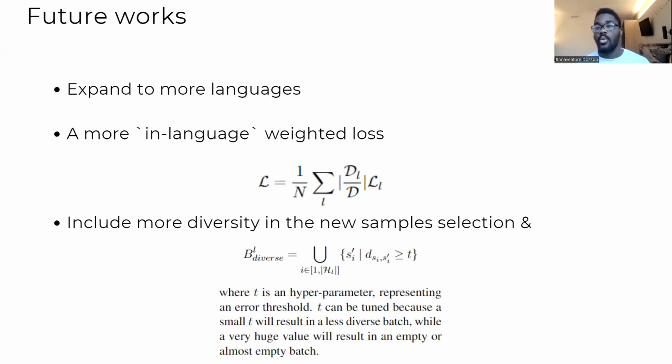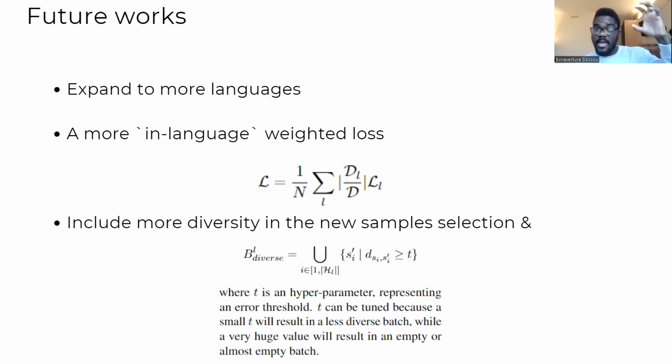As future work, we want to expand to more languages, obviously, and we also want to include some weighted loss, because currently, if you imagine, Swahili has, for instance, 1 million sentences and Fon has, for instance, 5,000. The loss of the data set is technically the average of the individual losses, so the loss on each individual language.